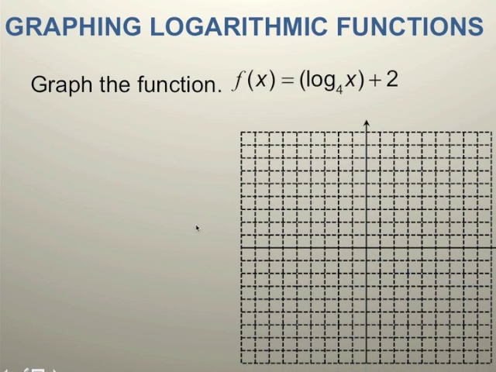Do a graph with the translation. We're going to take it up 2. My points would be (1/4, -1), but move that up 2. (1, 0), but move it up 2. (4, 1), but move it up 2.